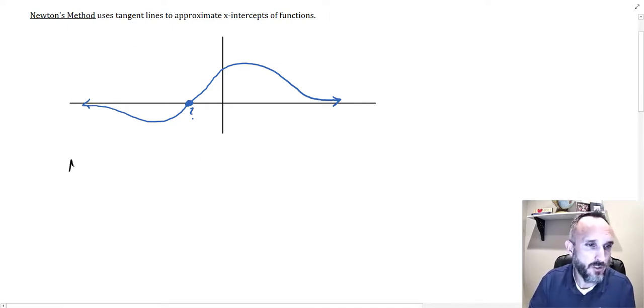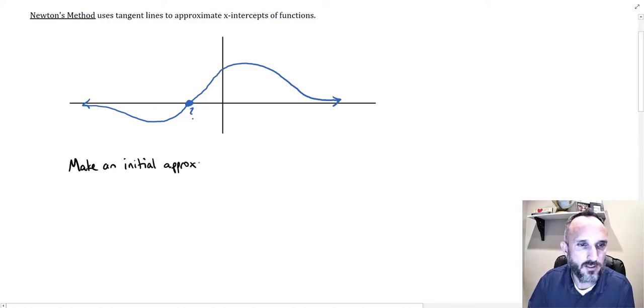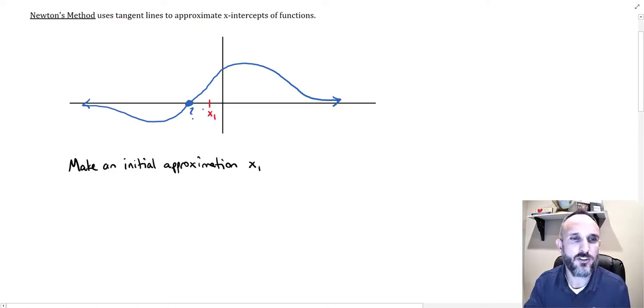So the first thing you do is make an initial approximation, and we'll call it x sub 1, x1. Let's say we choose this guy to be our initial approximation.